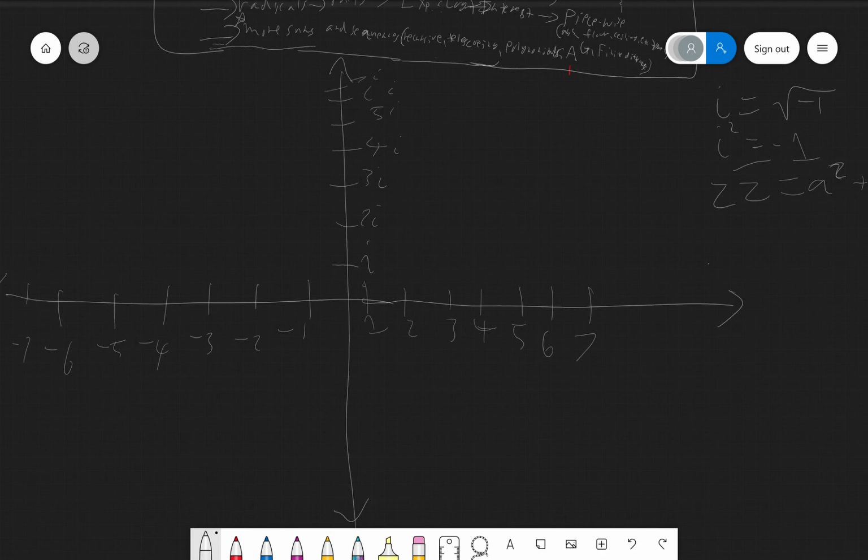Now notice these are just the square root of -1, square root of -2, square root of -3, square root of -4. So this isn't really creating a square. This is really creating a rectangle. This would be square root of 1, square root of 4, square root of 9, like that.